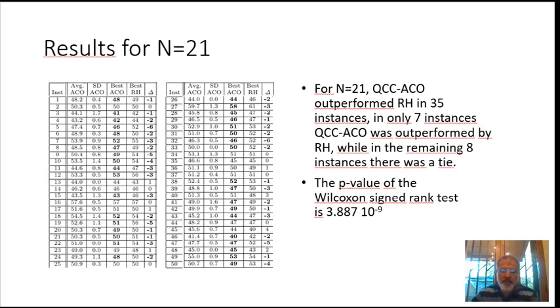In fact, in the N equal to 21 case, we have improved 35 instances over 50, obtained the same results in 8 instances, and we were outperformed in 7 instances only. Moreover, the p-value of the Wilcoxon signed-rank test was much smaller, proving the probabilistic significance of our results.